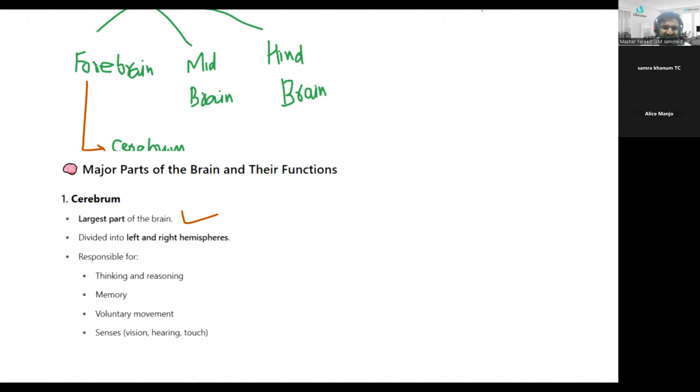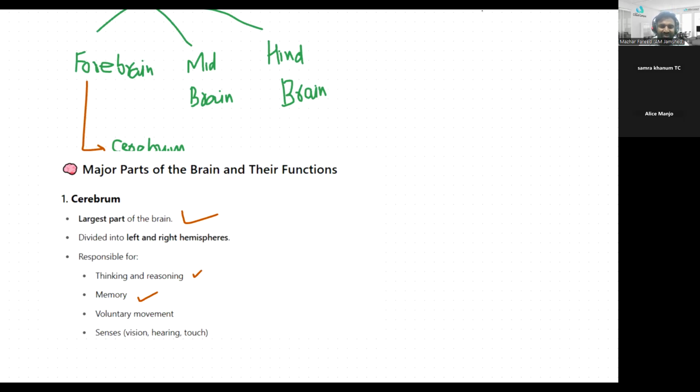The major responsibility of the cerebrum is that it controls our voluntary actions, which are under our control, like thinking, reasoning, memory formation and memory controlling.